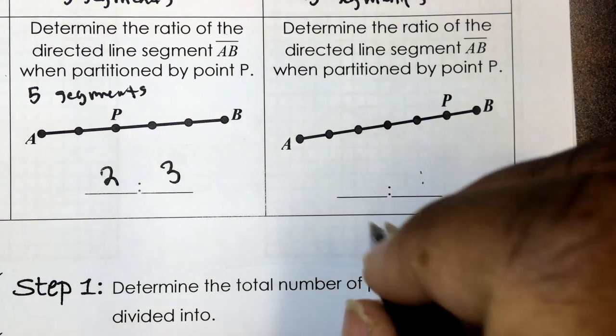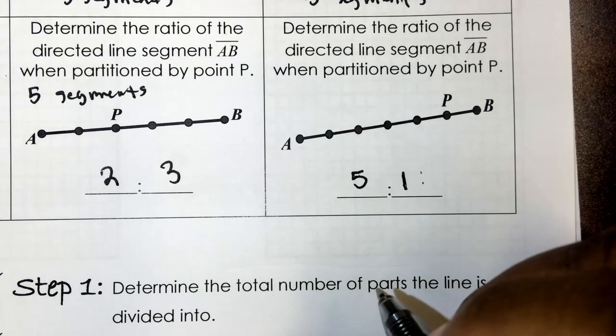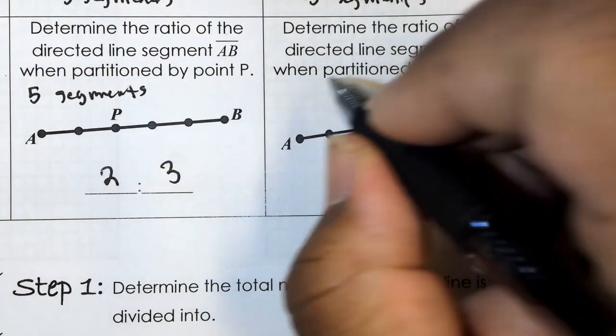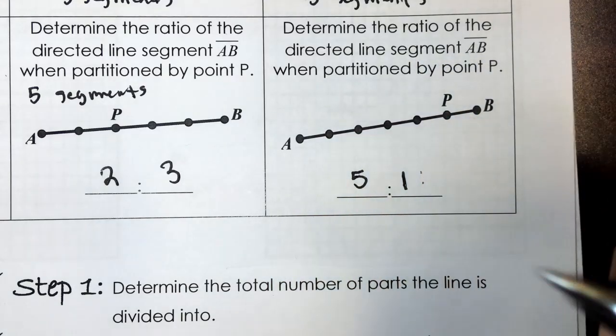Talk louder. 5 to 1. How many segments in total? Once you get your ratio, just add them.